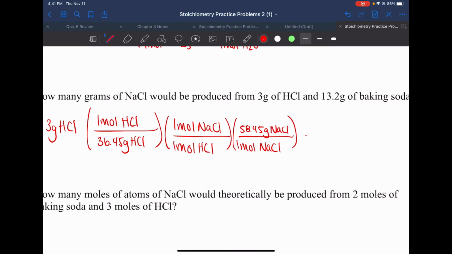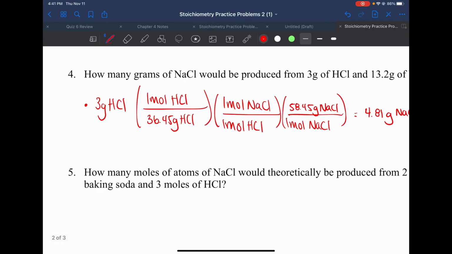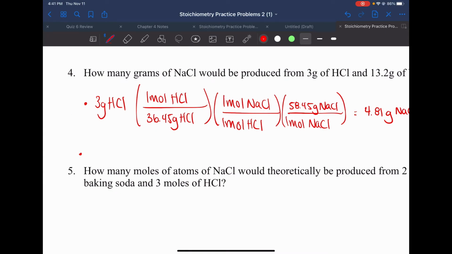So 3 times 58.45, divide that by 36.45, gives us a total of 4.81 grams of NaCl. But that's if HCl was our limiting reactant, so we got 1 more to go.